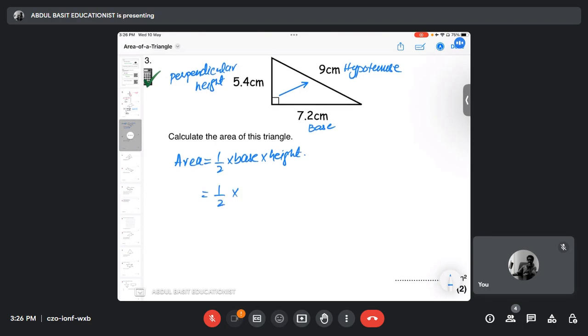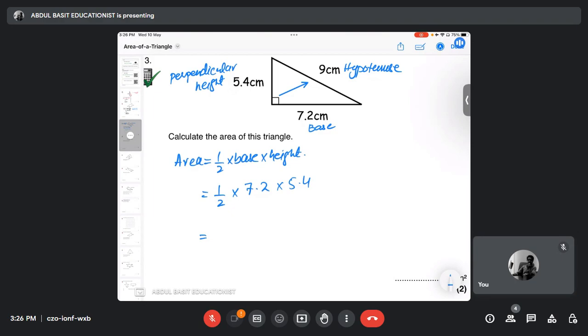So 1 by 2, we have to take 7.2, and we have to take 5.4. Now you can see that the calculator is allowed, so you can get this kind of question in paper 2. Just use your calculator and tell me what is the answer. So 1 divided by 2 times 7.2 times 5.4.